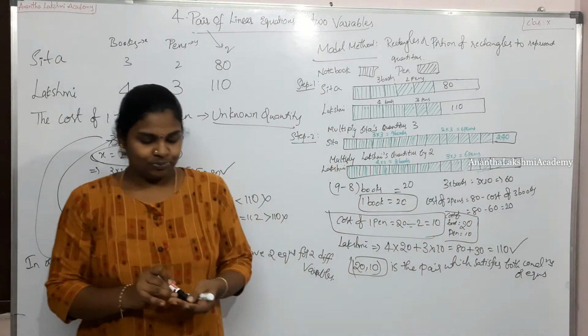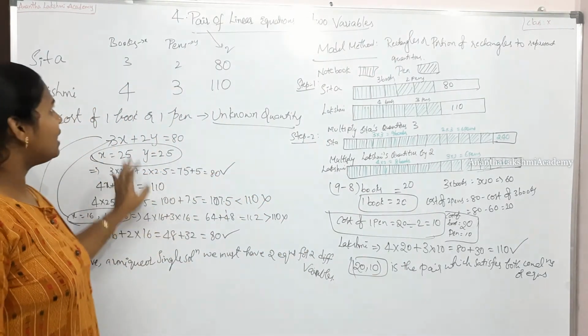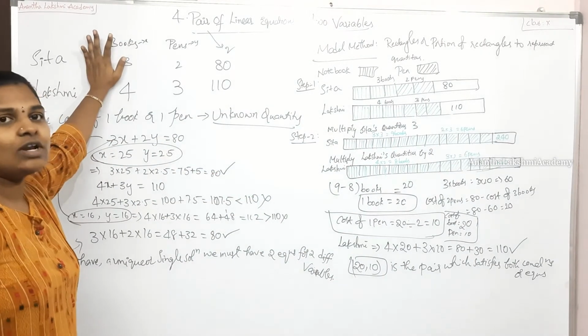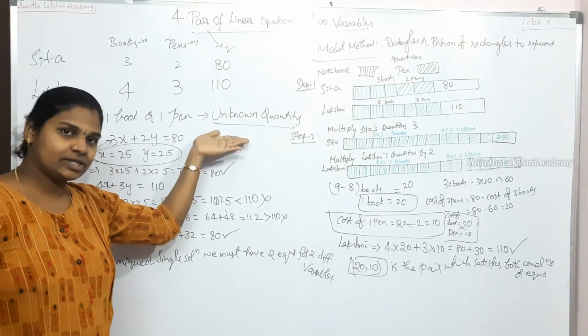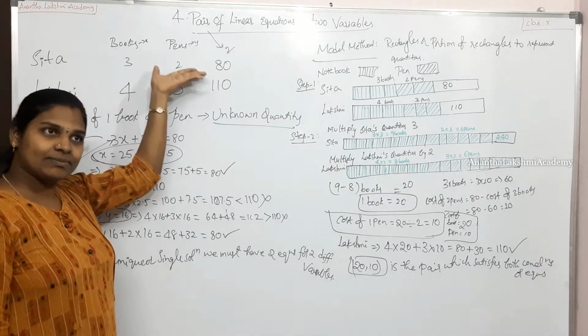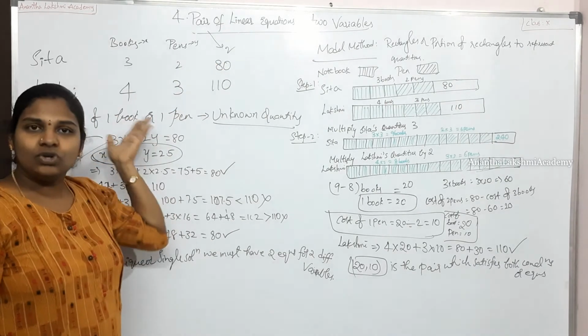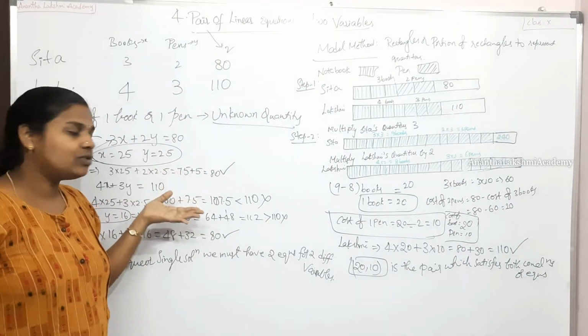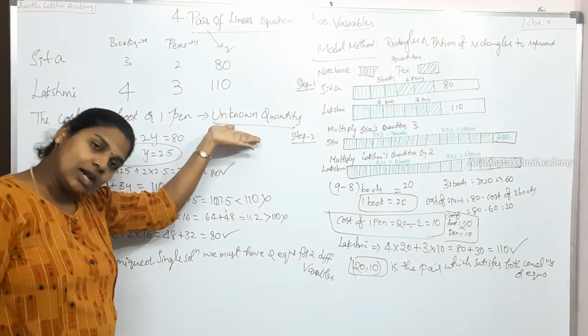Alright, so here let me give you a quick recap of whatever we have discussed. First of all, we understood why we need variables when we have unknown quantities. What are unknown quantities? When you know the sum of A and B as a value, but you do not know the exact individual cost of A or of B, those are known as unknown quantities.